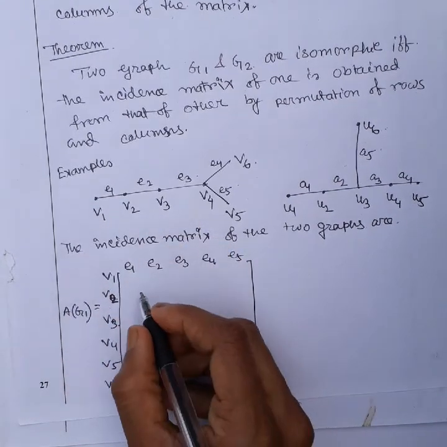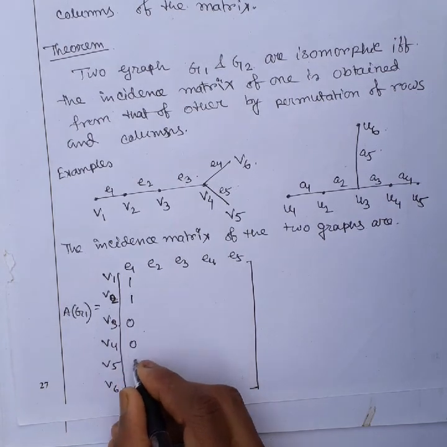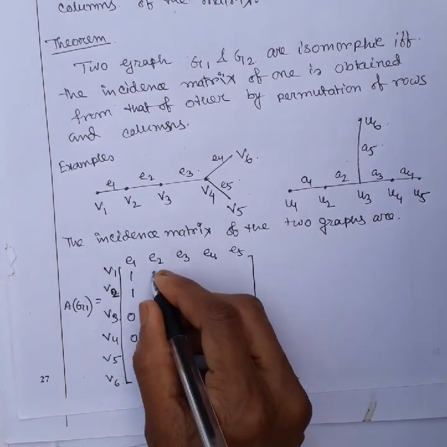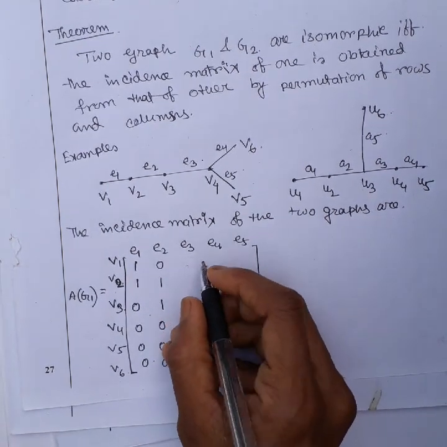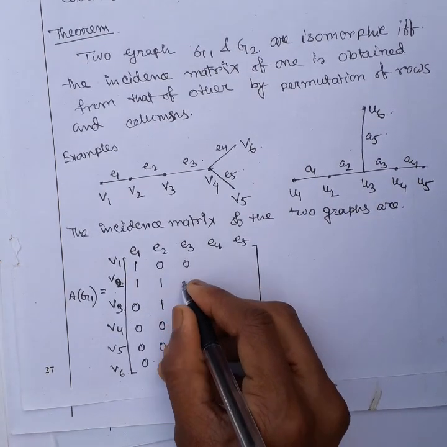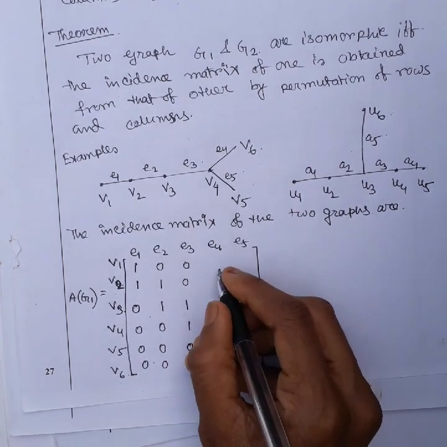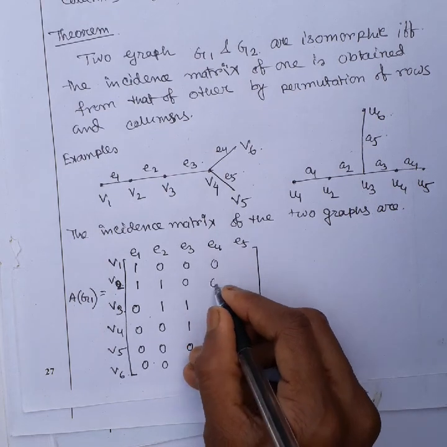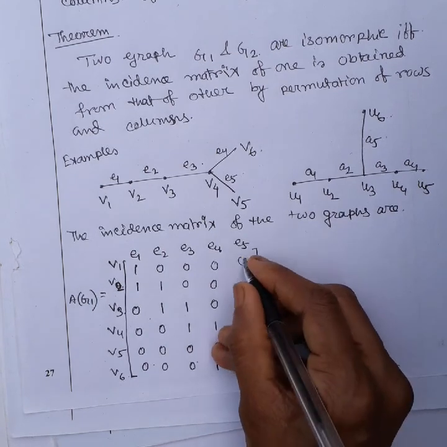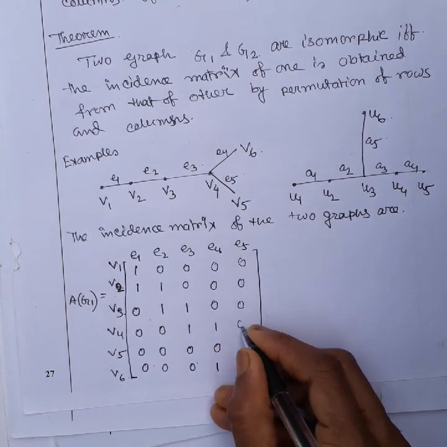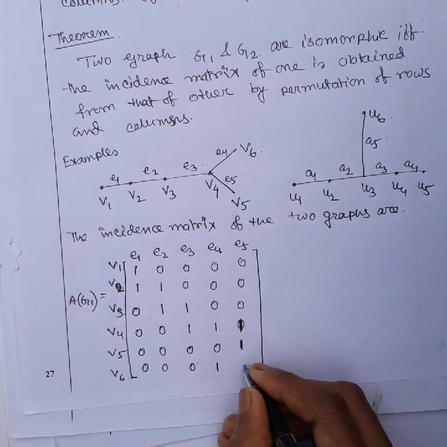E1 is between V1 and V2, others are 0. E2 between V2 and V3, others are 0. E3 between V3 and V4, others are 0. E4 between V4 and V6, others are 0. E5 is between V4 and V5.